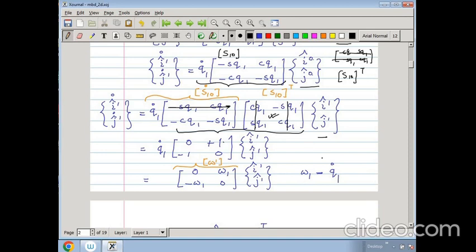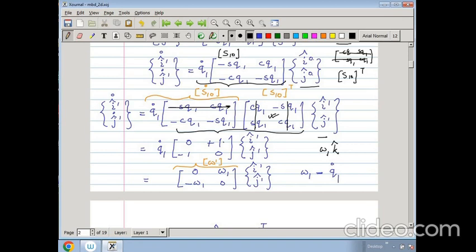So omega can be kept as a vector. Suppose omega 1 for 2D problems is along the k axis. So omega can be kept as a vector, or it can be kept as a matrix. Since this is a 2D problem, all omegas, the omega of body 1, omega of body 2, whatever, are all in the same k direction.